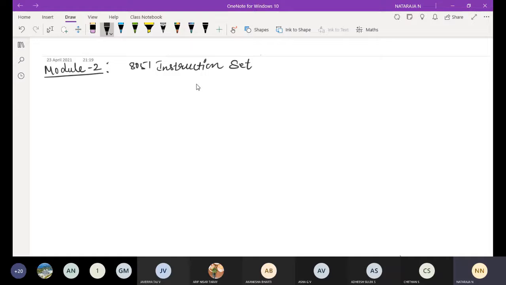Instruction set. Here in this, we are going to discuss the first topic, which is addressing modes.